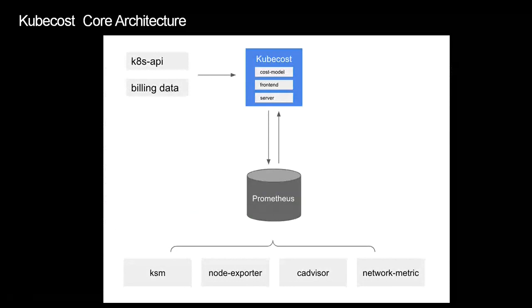Now, KubeCost also has a caching mechanism. Whenever you visualize the data, it has a caching mechanism of 5 minutes. So up to the last 5 minutes, whatever snapshot has been taken from the entire Kubernetes cluster, you can visualize it.